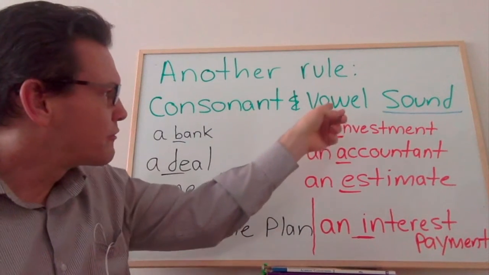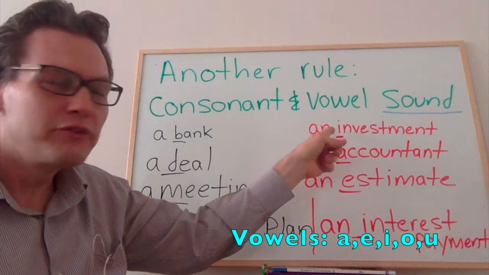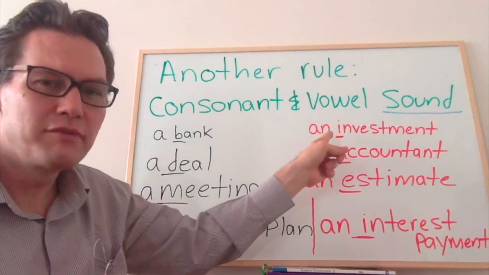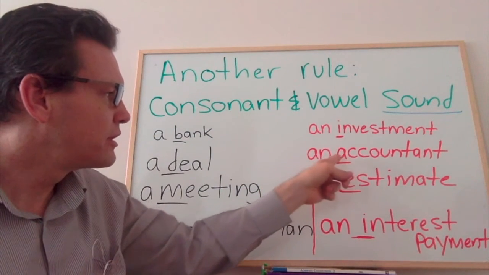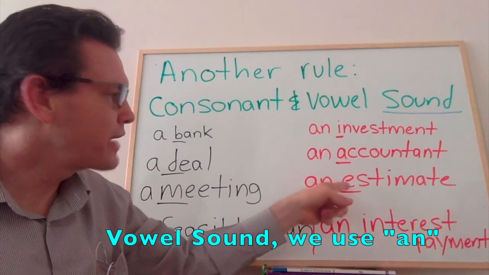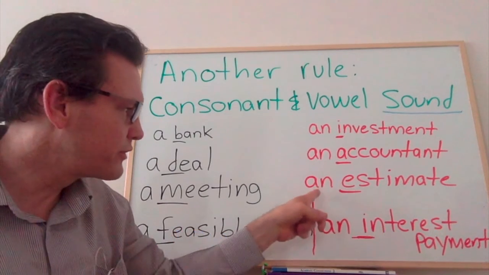However, on the vowel sound, if it starts with a vowel sound, we use an. An investment, an accountant, starts with a vowel sound. An estimate, starts with the vowel sound, so we use an.